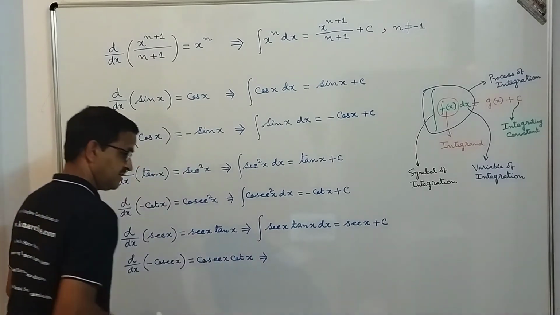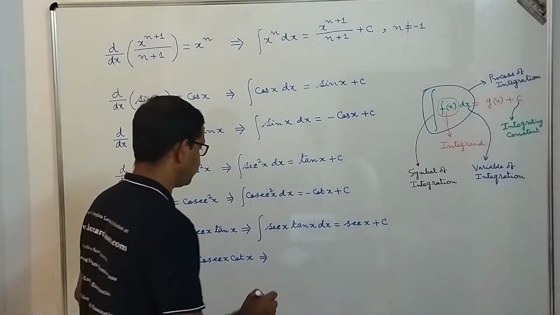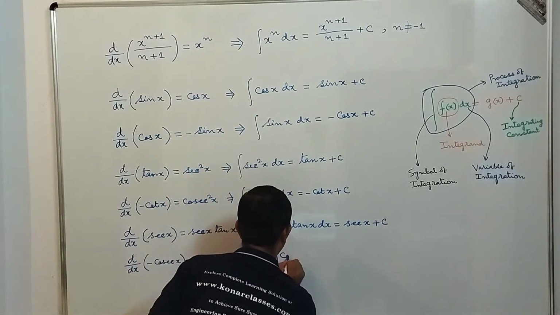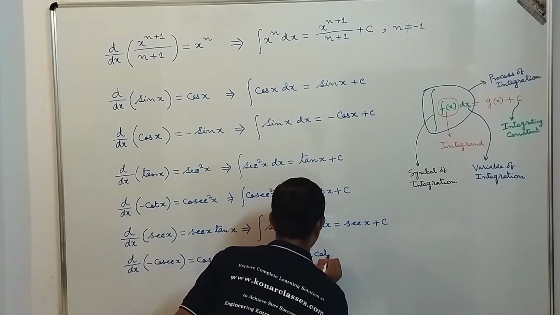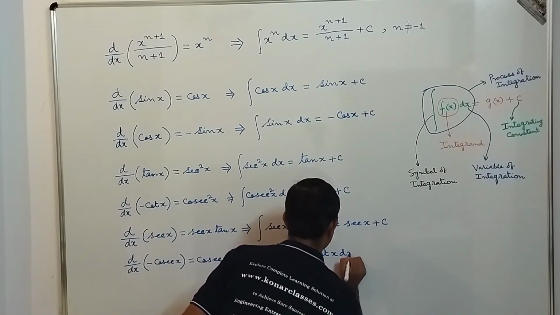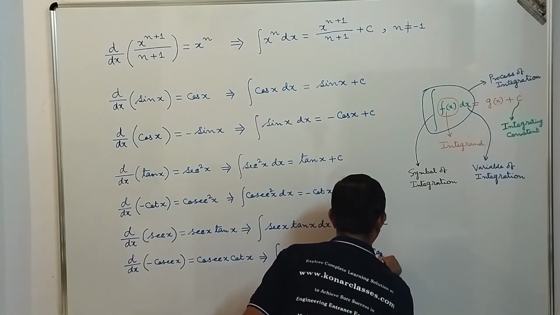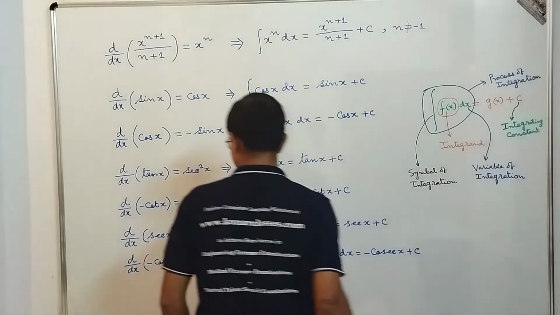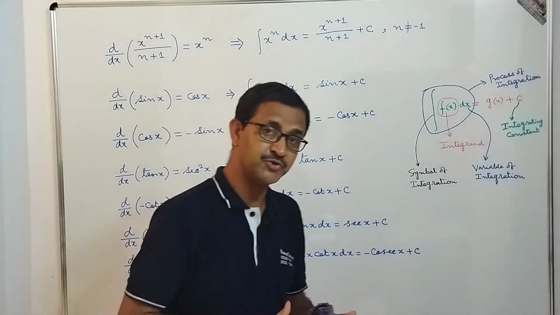That implies the integration of cosec x cot x dx is equal to minus cosec x plus c. Okay.